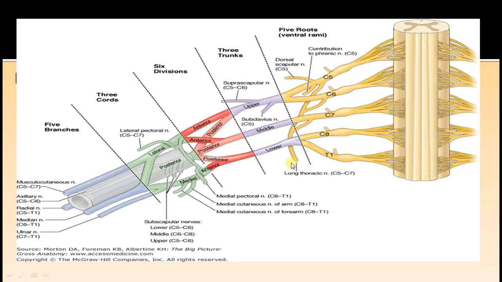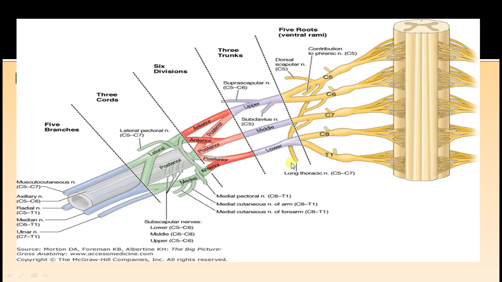You can see it descending along the lateral wall of the thorax on top of the serratus anterior muscle. We also discussed this while discussing the medial wall of the axilla, which is formed by the serratus anterior muscle and upper four ribs with its intercostal muscles.